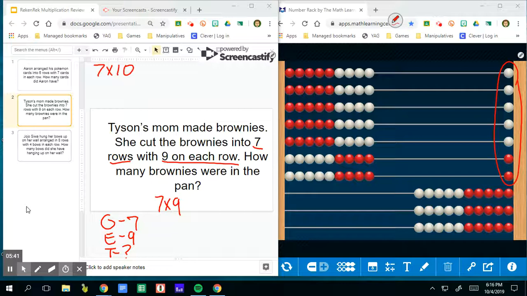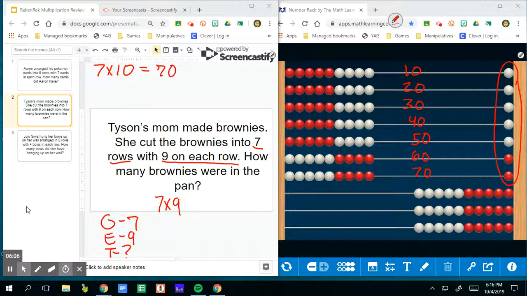What is 7 times 10? Well, let's count by 10 to find out. We have 10, 20, 30, 40, 50, 60, 70. And again, that's counting this 1 extra over here on the right. So 7 times 10 equals 70.